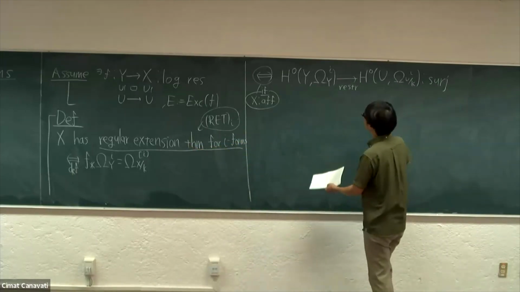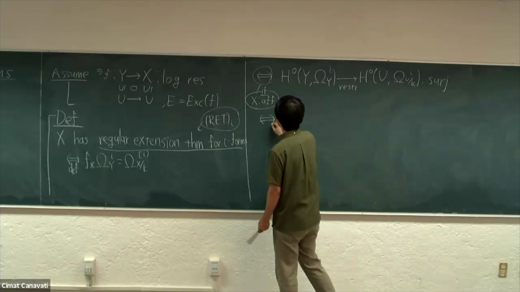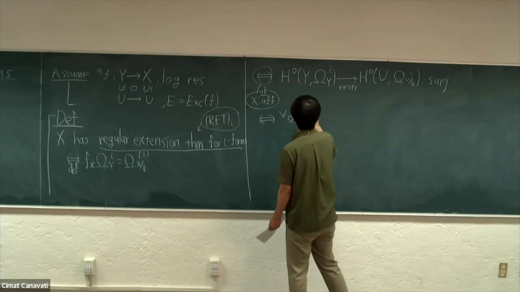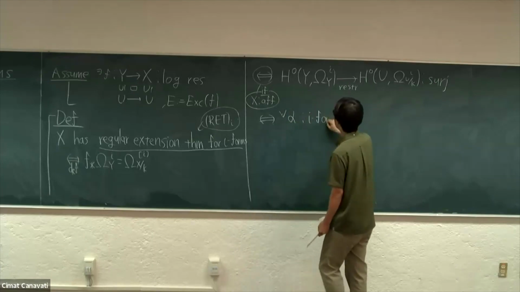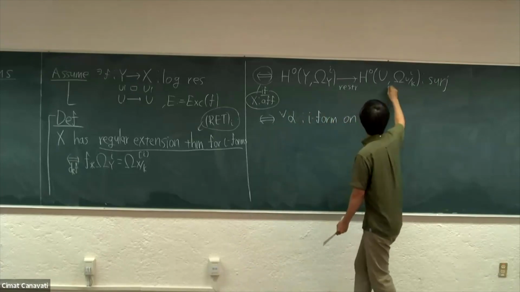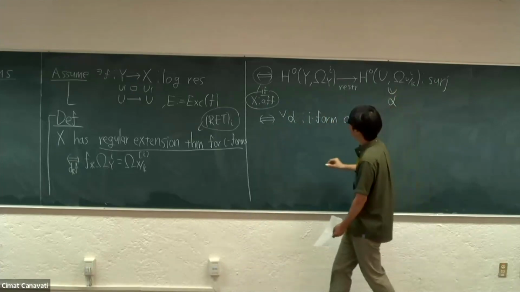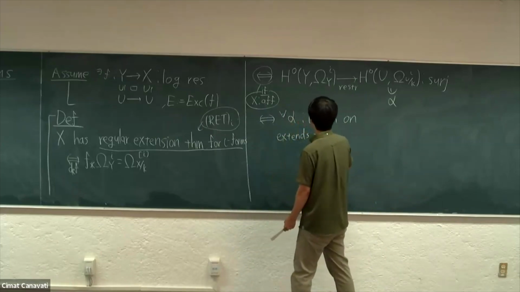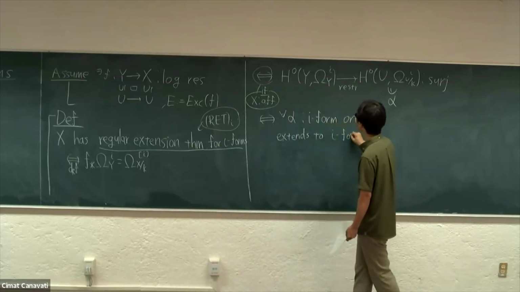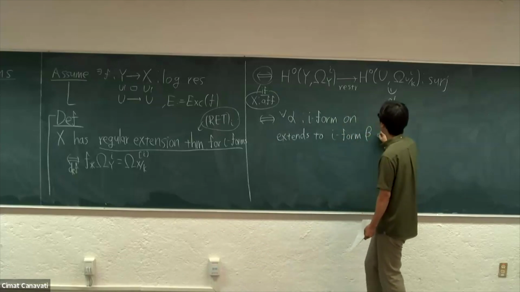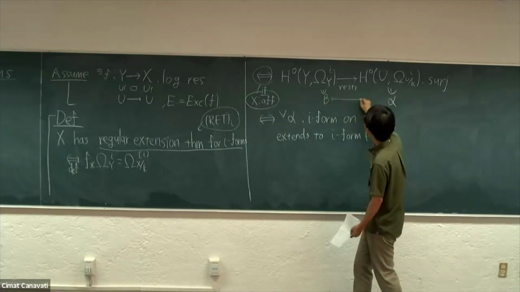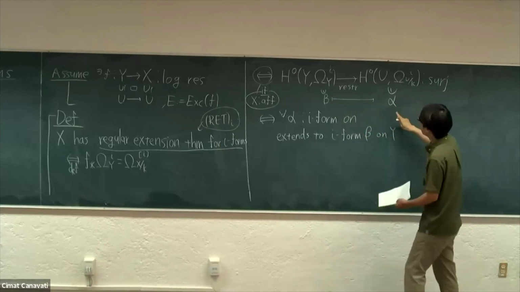In other words, this is also equivalent to saying that any i-form alpha on U extends to some i-form on Y. Because surjectivity implies that there exists some element which maps to alpha.